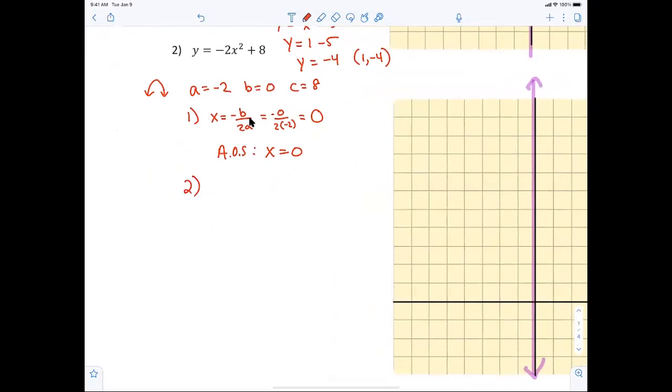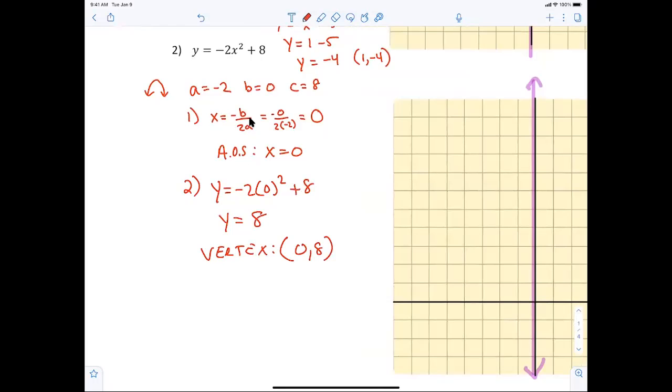Then plug 0 in to find the vertex. So number 2, y equals -2 times 0 squared plus 8. So y equals what? y equals 8. So the vertex is located at what? 0, 8.